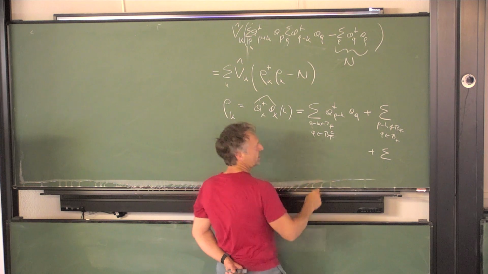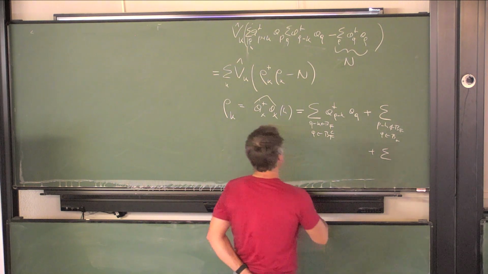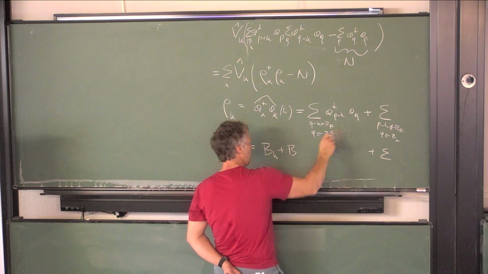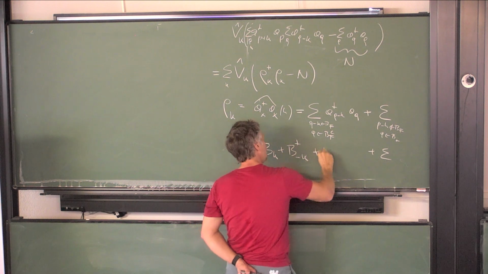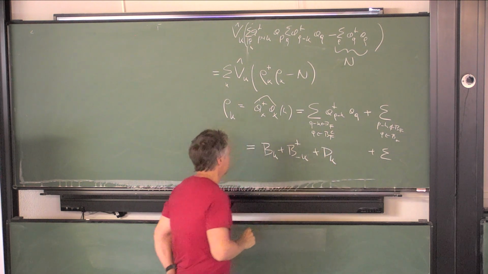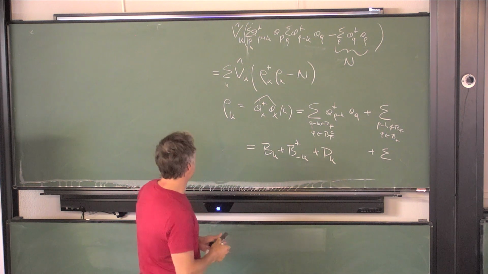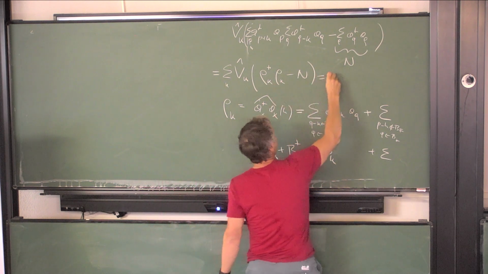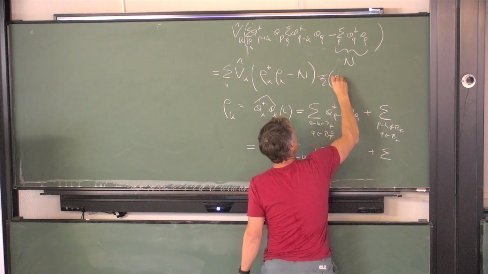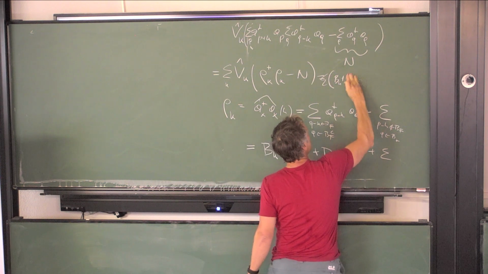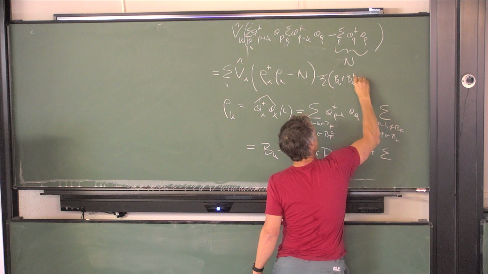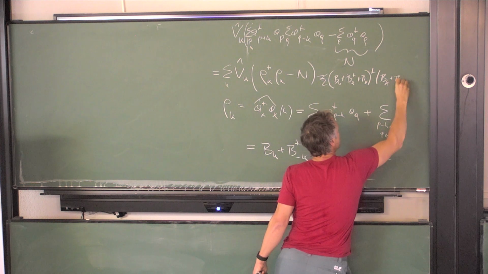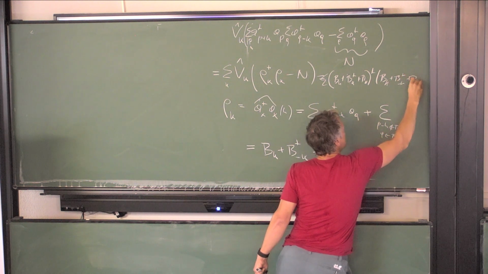That is something we denote here as B_K plus. The other one you can write as B minus K star, and the rest you can write as D_K. Okay, and if you plug in here, you would get something like B_K plus B_K star plus D_K star, and B_K plus B minus K star plus D_K.